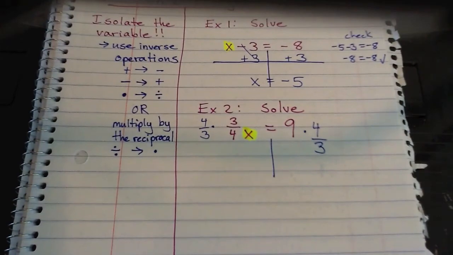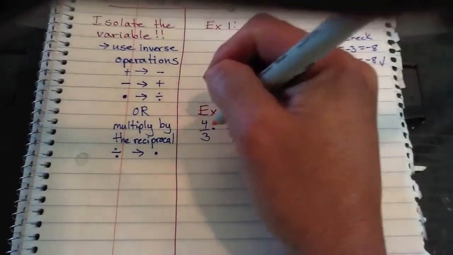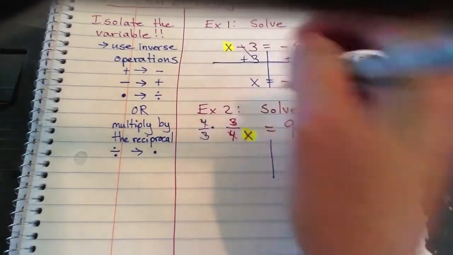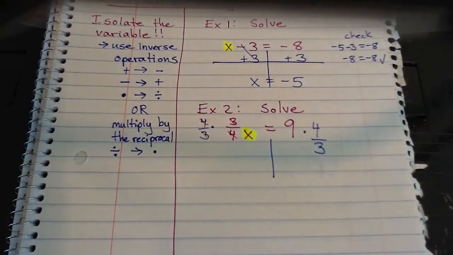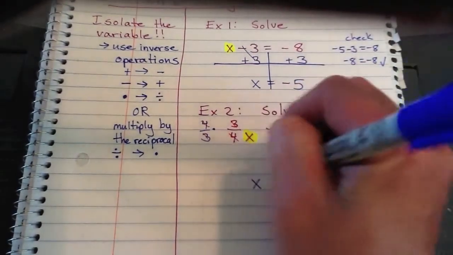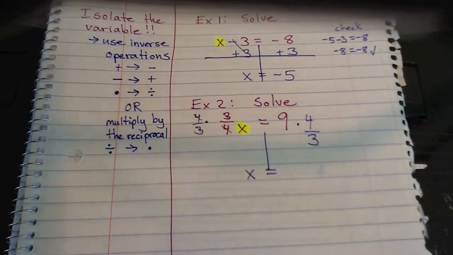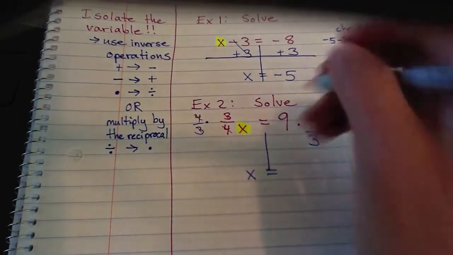Now if you notice, cross-canceling, because we're multiplying, 4 and 4 becomes a 1, 3 and 3 becomes a 1. So you end up with 1 times x on the left side, and 1 times x is just x. So now you have x equals, remember this is like a 9 over 1, if you need to think of it that way.